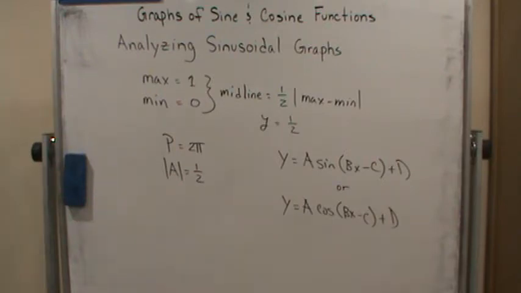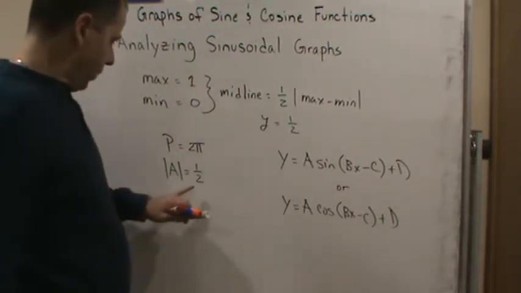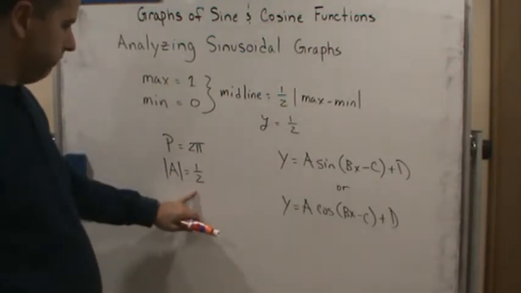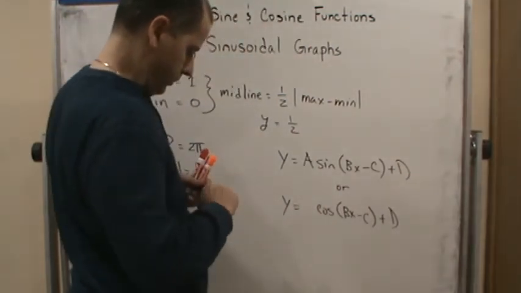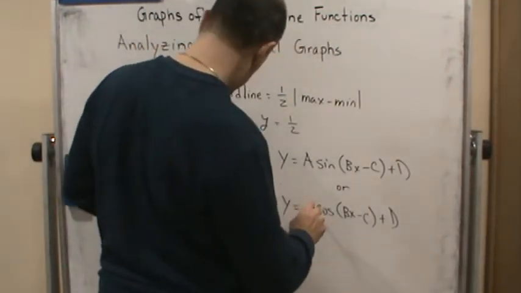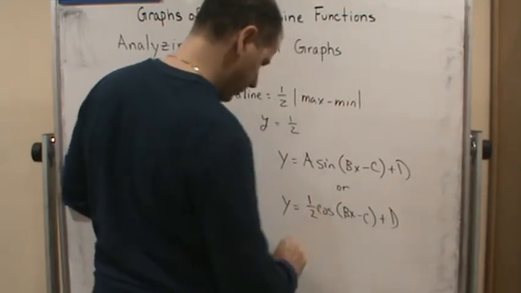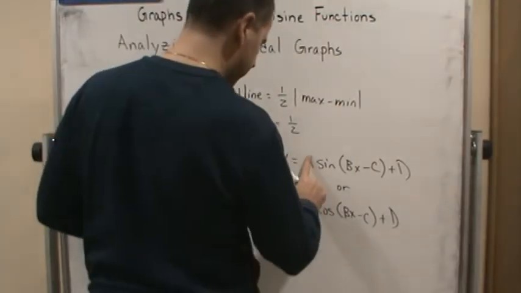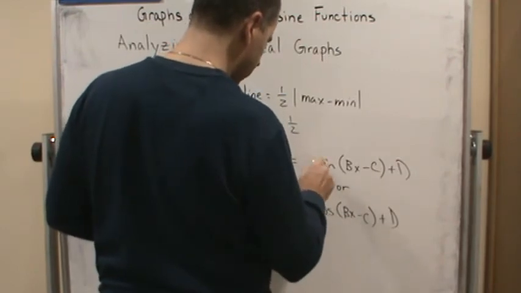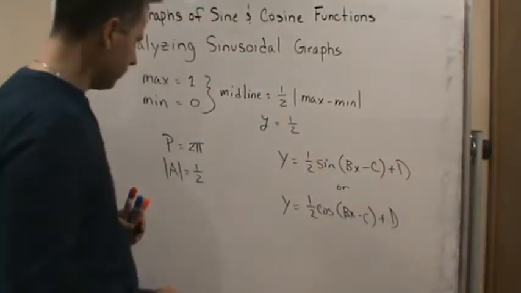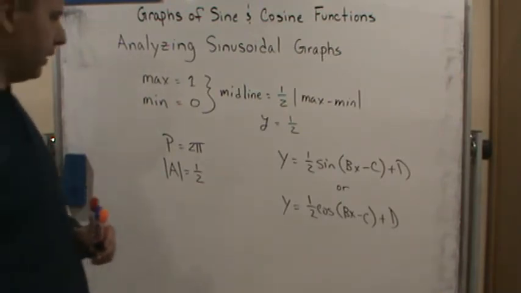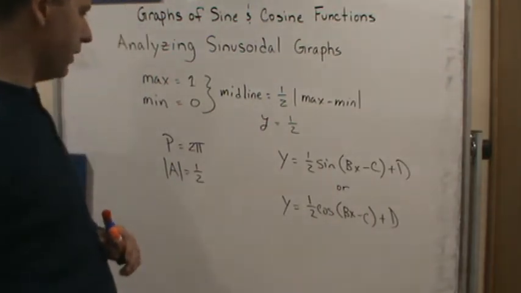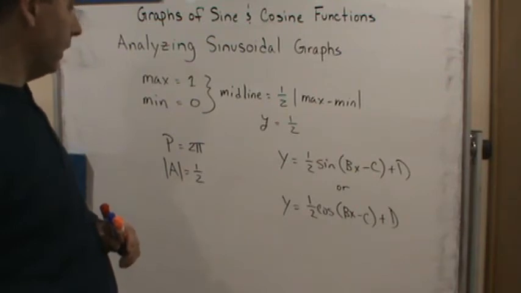So let's see what we can put here. So A is going to be 1/2. Right? So we know A is 1/2. And the midline is at 1/2, so we know that there's a vertical shift.